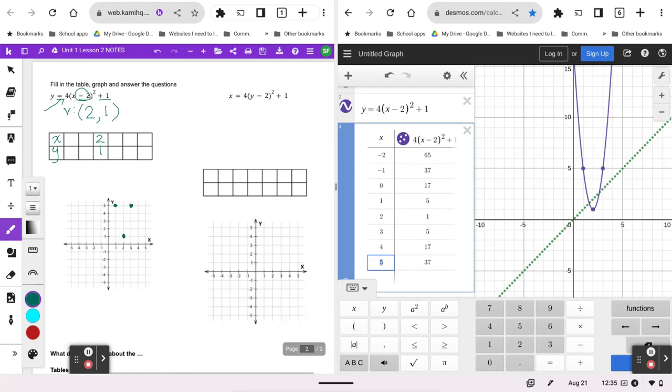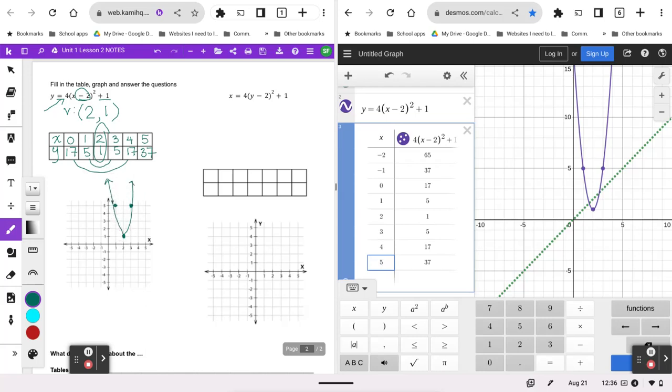Okay, and so we're going to go ahead and write 2, 1, 0, and then 3, 4, 5. So 0 is 17, 5, and 5, 17, and 37. So if this is the vertex, these numbers are going to be the same. These numbers are going to be the same. And if we continue, we can do that a lot more, and we get our graph.